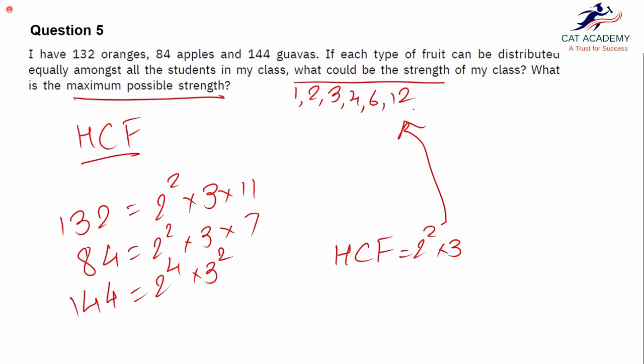But if I can distribute my fruits into 12, that means I can also distribute it in 6. Double the fruits. I can also distribute it in 4. Triple the fruits. I can also distribute fruits into 3 people, make the fruit 4 times, and so on. So these are my possible class strengths, and my maximum possible class strength is this.